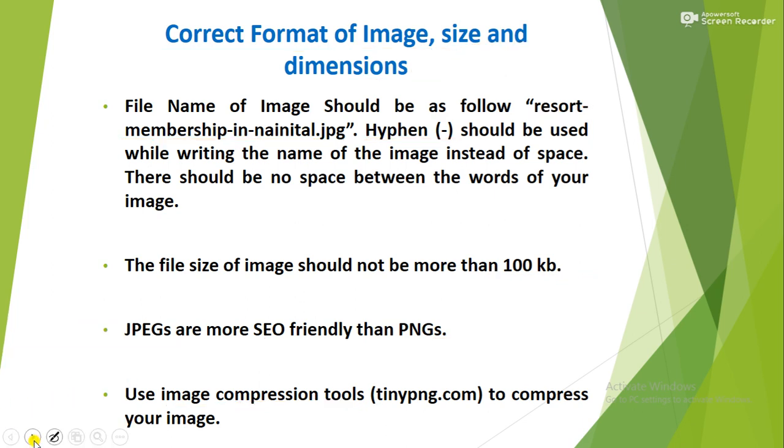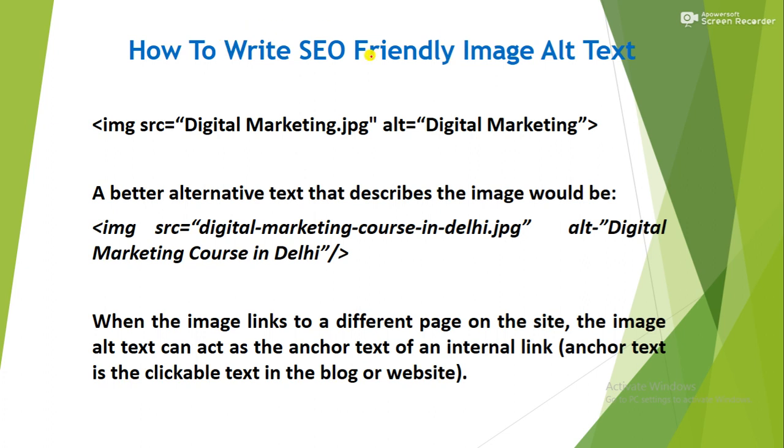So guys, next we come to how to write SEO friendly image alt text. Firstly, you have to know what alt text is. Alt text is the text which represents your image to Google, because Google doesn't understand what your image is all about.